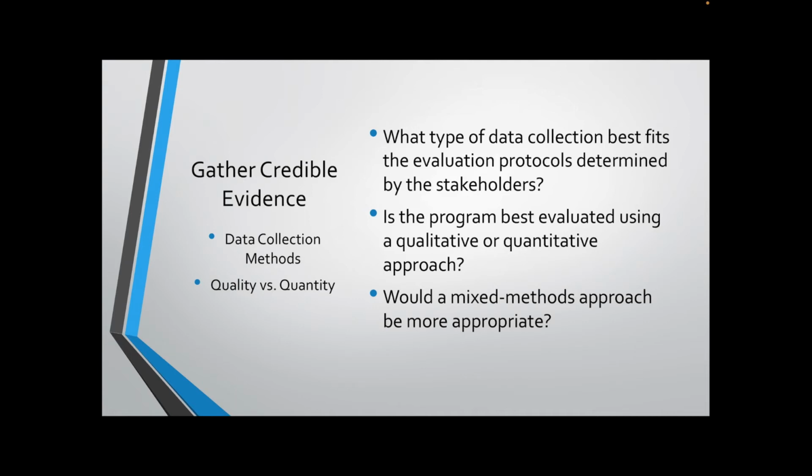A lot of it is going to be qualitative data where you're actually having to talk with the stakeholders and interview stakeholders, survey stakeholders, where that information is going to have to be gathered in order to find out what everybody feels about the program, how they feel it's being successful or unsuccessful, and then be able to determine what modifications need to be made in order to make the system or the program better.